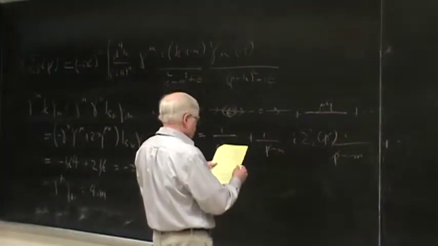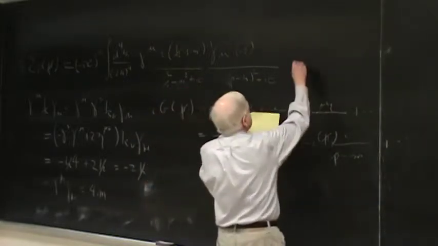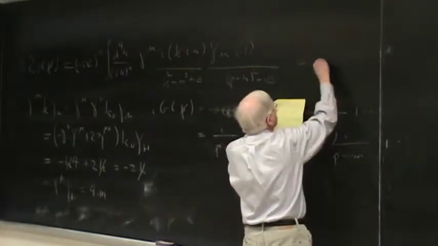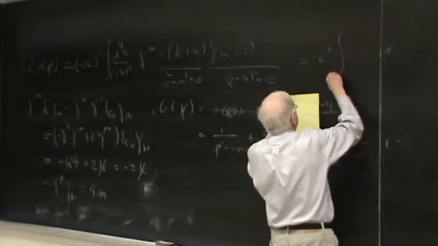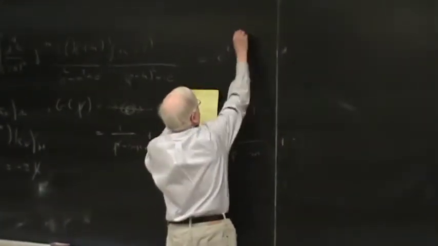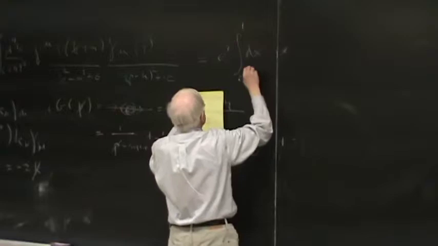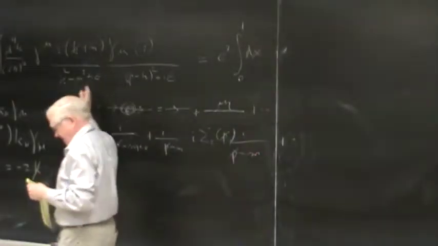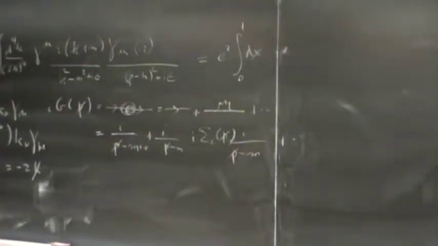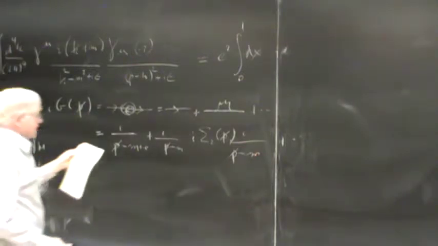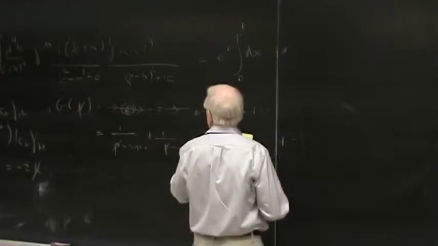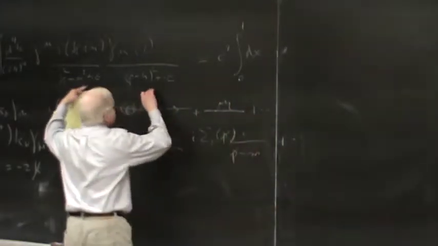All right, anyway. So what we get then is that this is equal to e squared integral, and let me pull out the 0 to 1 dx. This is after we use the Feynman trick and combine the denominators, these two denominators.